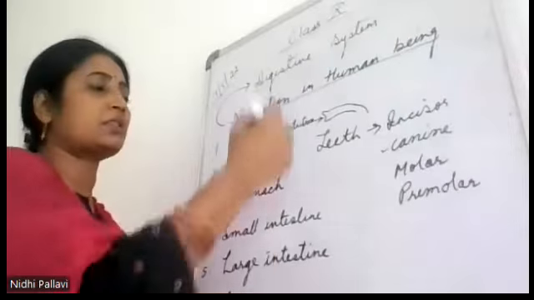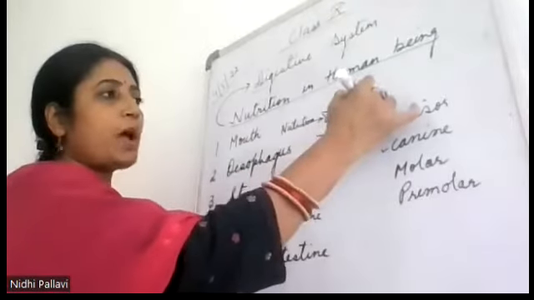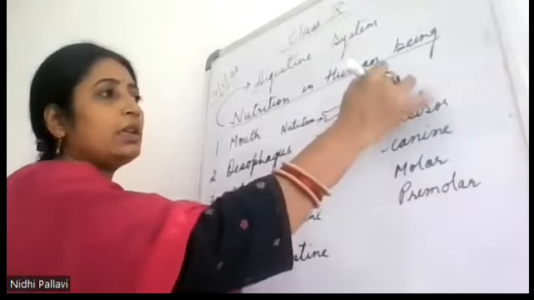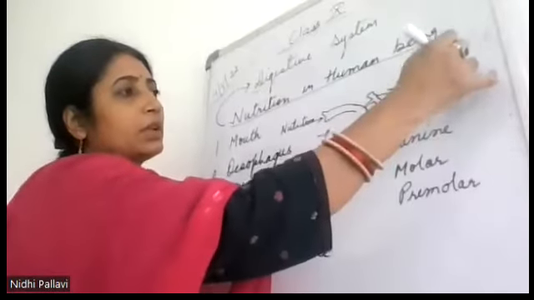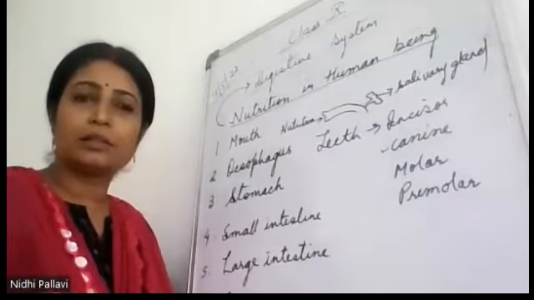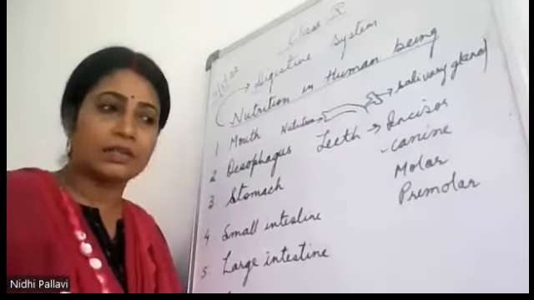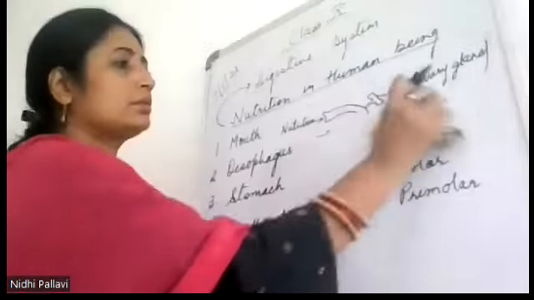Salivary amylase. वो जो salivary gland में present होता है, यहाँ पे mouth के पास होता है, ये क्या है? That is the salivary gland. और salivary gland secrete क्या करता है?